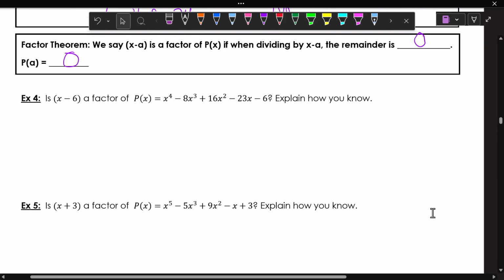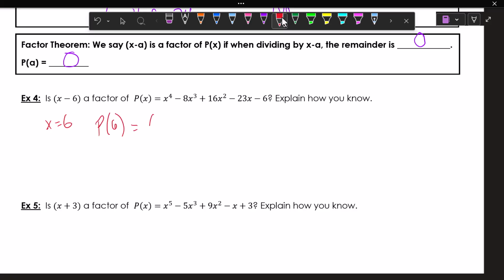All right, let's look at example 4 here. Is x minus 6 a factor of that big expression? So we'll do x equals 6, and we're going to do p of 6. We're just substituting in, make sure it's in parentheses so you don't make any mistakes. So we got a lot to go there. 6x to the 4th is 1296.